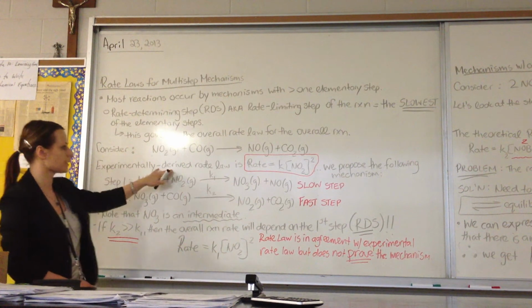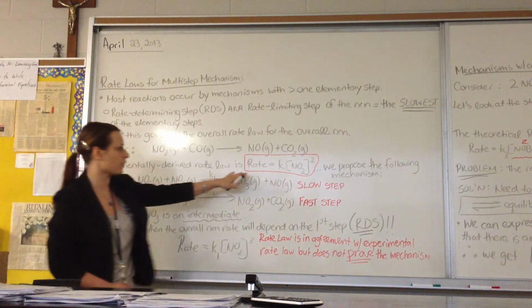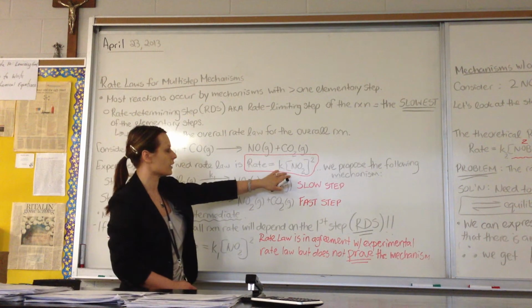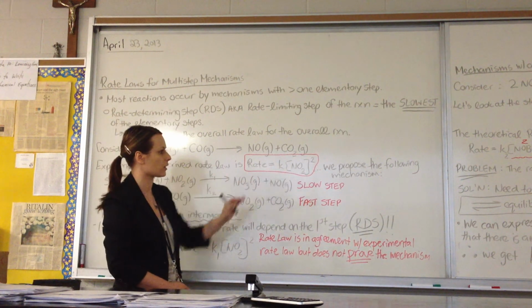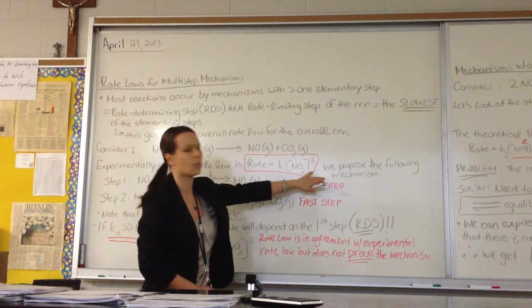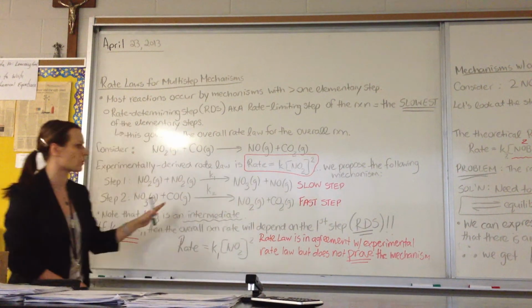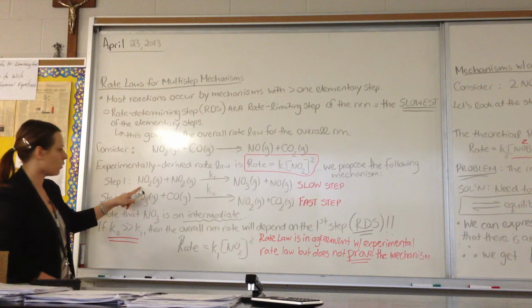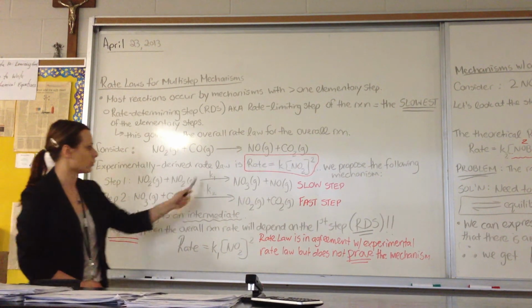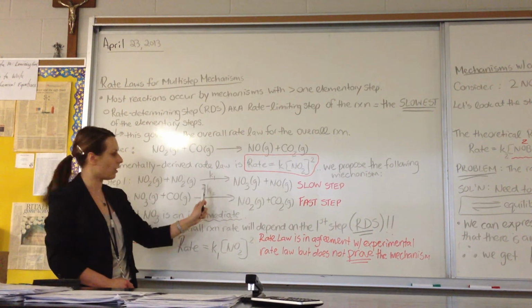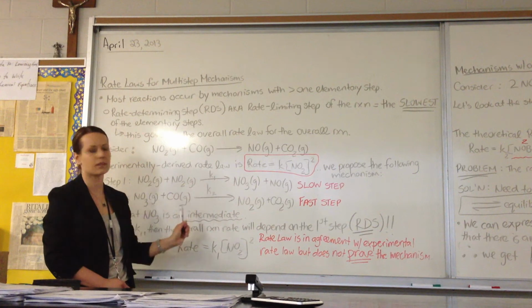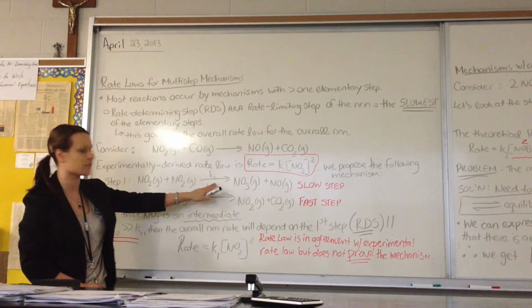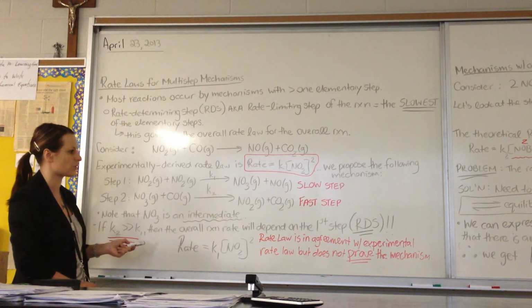So let's consider, for example, the reaction of nitrogen dioxide with carbon monoxide. Our experimentally derived rate law was found to be second order in the concentration of nitrogen dioxide. We're going to propose that this happened with the following mechanism, where in step 1, we have NO2 and NO2, which we put a little k1 on top, which means that this is the rate constant of the first step. The subscript 1 means that it's the first step.